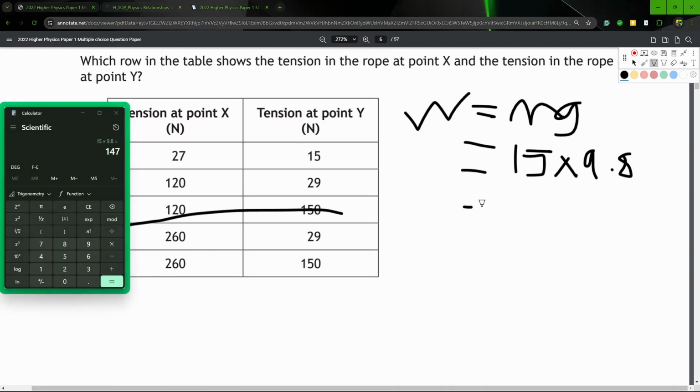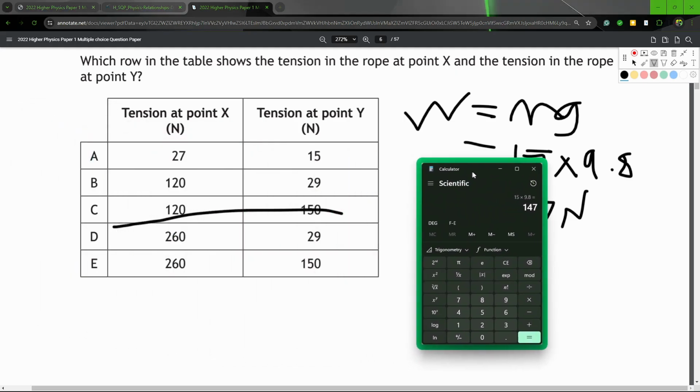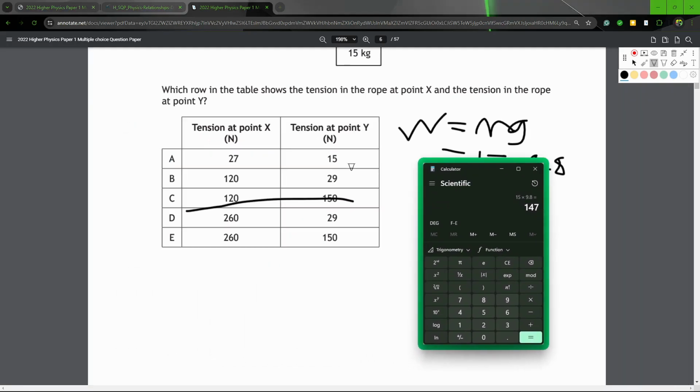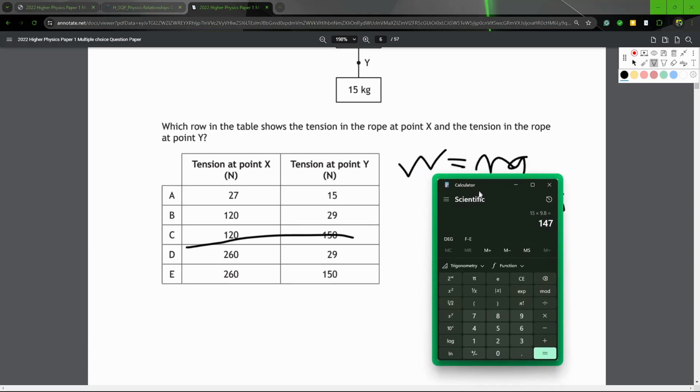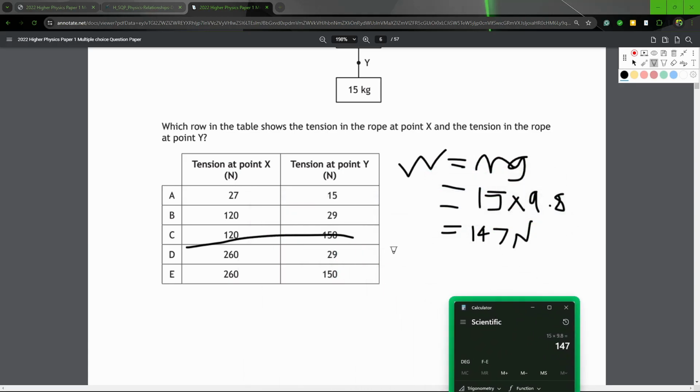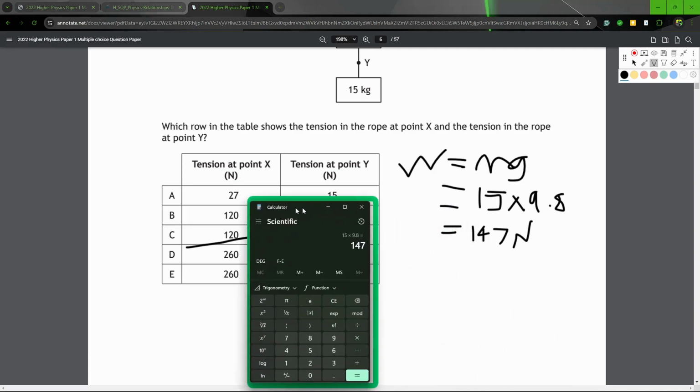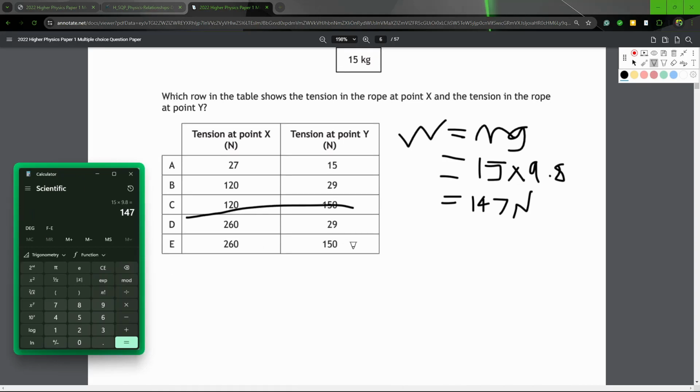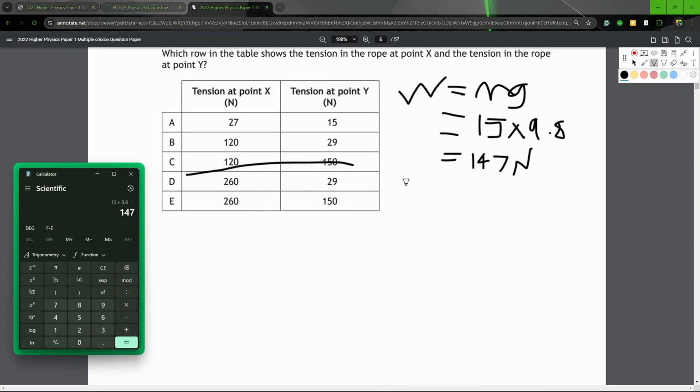We get 147. Now, you might not see 147 on here, but it does look pretty similar to this if you round to the nearest 10. Right, so E's looking pretty likely so far, and we've already eliminated C.